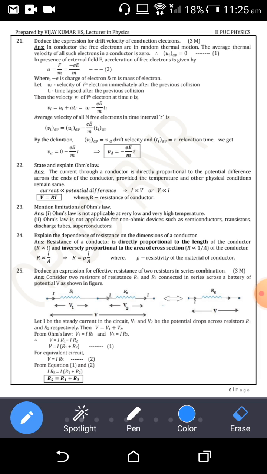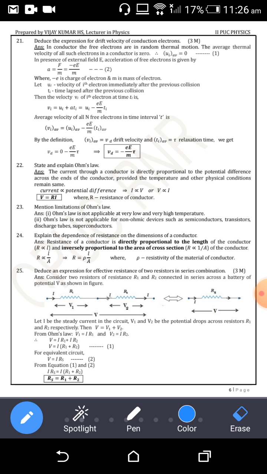That is expressed as v subscript i is equal to u subscript i plus a t subscript i, which is equal to u subscript i minus e into E divided by m into t subscript i. We have just substituted the value of a there.